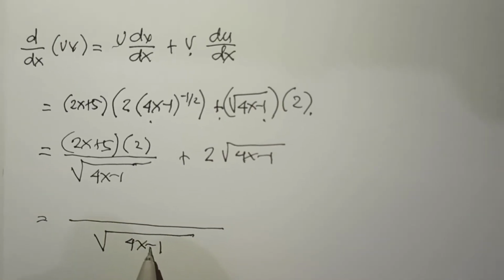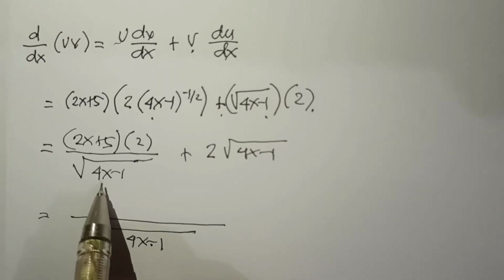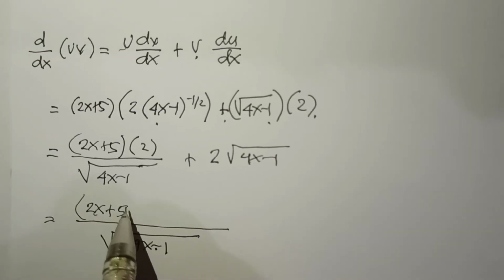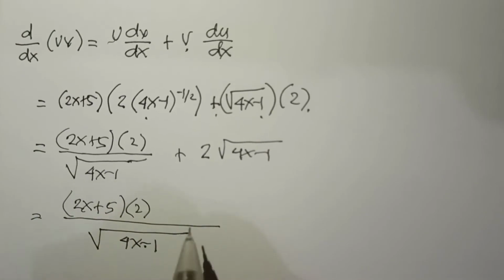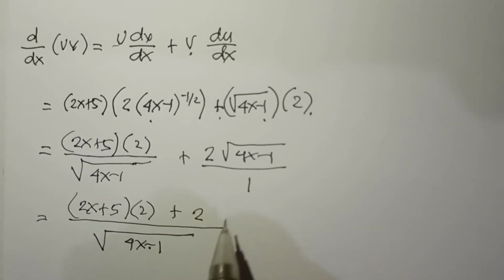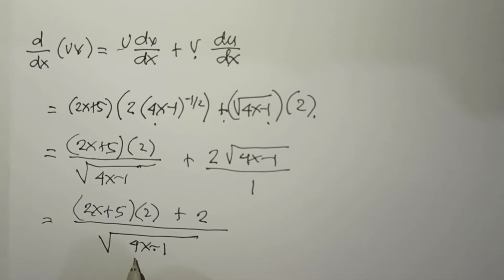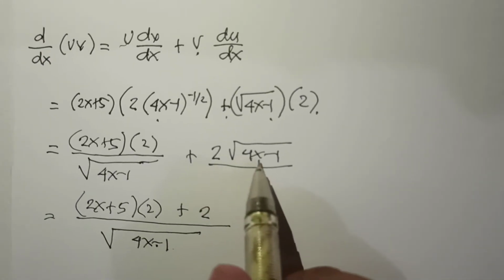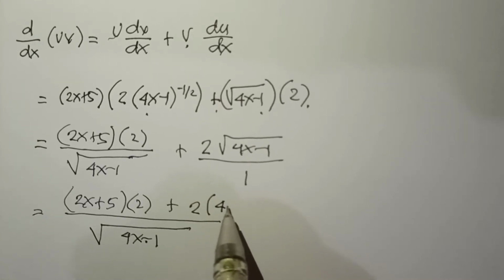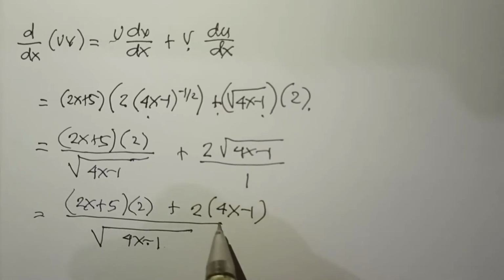This denominator divided by this one is equal to 1. So we have 2x plus 5 times 2 plus 2 divided by this part 1 is equal to square root of 4x minus 1 times this part. So this will become times 4x minus 1, right?